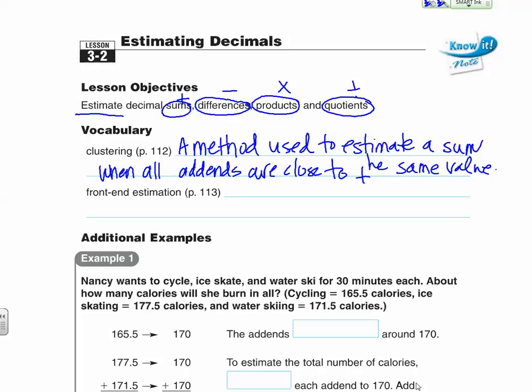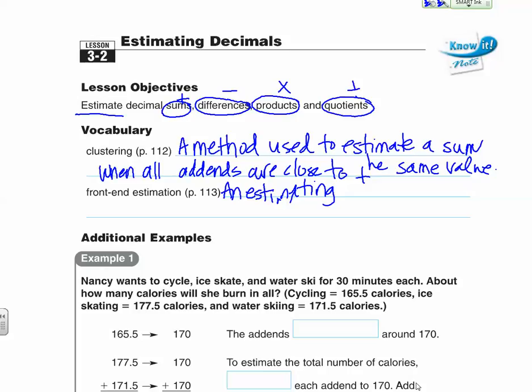I'm going to go ahead and complete the definition for front-end estimation, and then I'm going to talk to you about it. Front-end estimation is an estimating technique, and I apologize for the board. Obviously, the smartboard, we're having some issues with the writing. No worries.